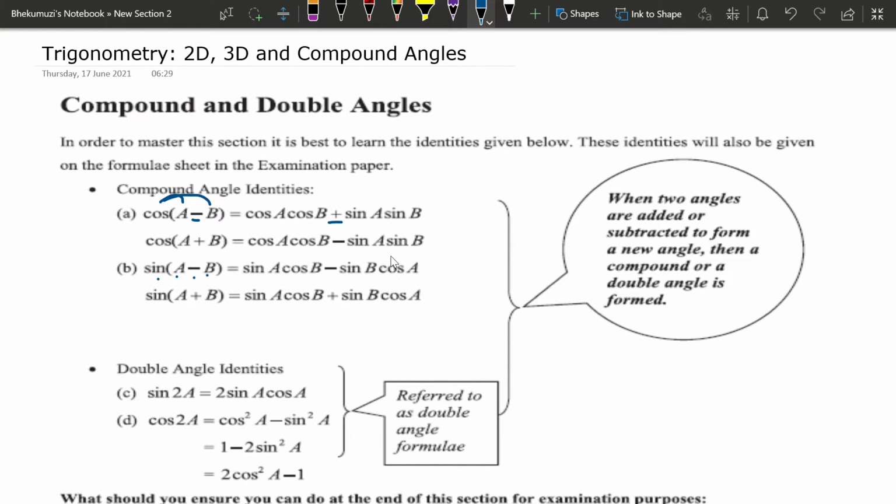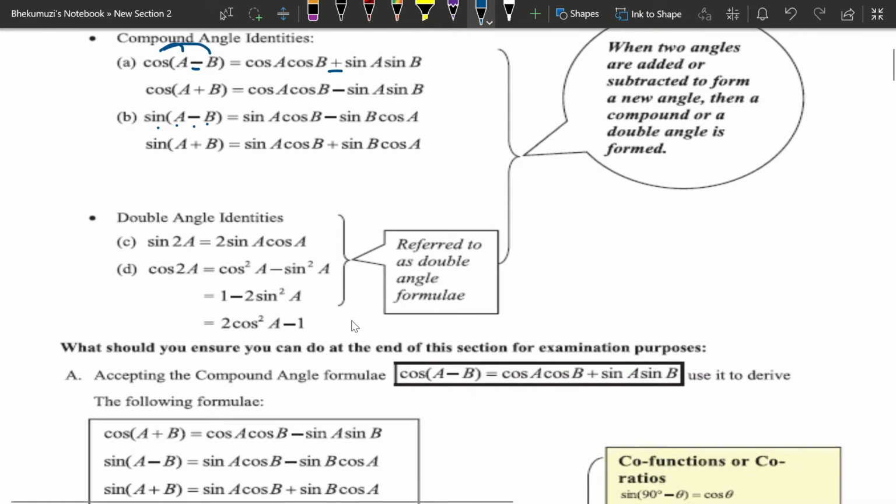So when two angles are added or subtracted to form a new angle, a compound angle is formed. And then we introduce double angles, where for a single angle multiplied by 2, sin 2A gives us 2 sin A cos A. And cos 2A gives us cos²A − sin²A.